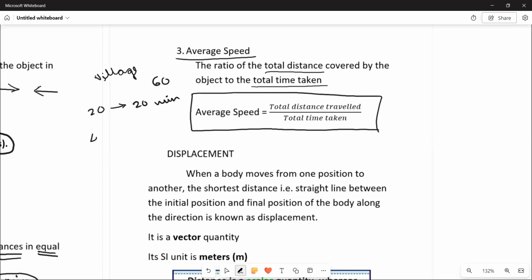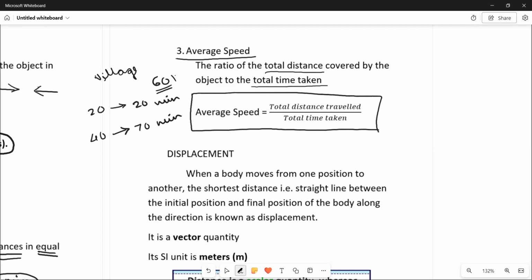And the next 40 kilometers you cover in, say, 70 minutes. So the total distance traveled was 60 kilometers.